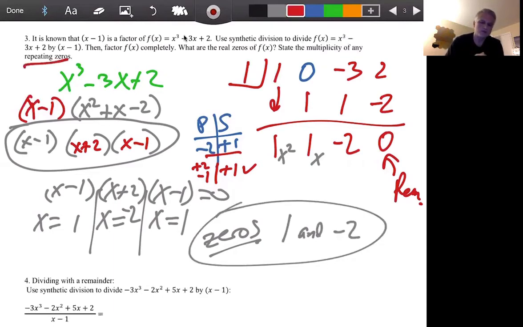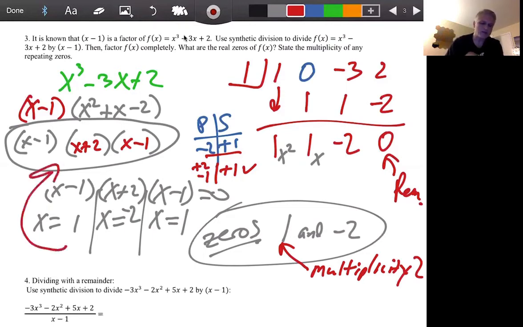Now it says, state the multiplicity of any repeating zeros. This one repeated. So 1 is twice, so it has a multiplicity of 2. -2 has a multiplicity of 1, which we don't need to mention. So if we want to make an even better answer for the fully factored version, it would be x plus 2 times x minus 1 squared.